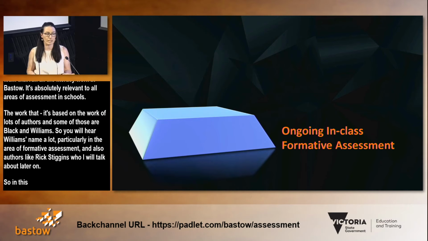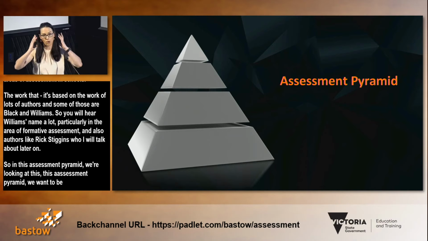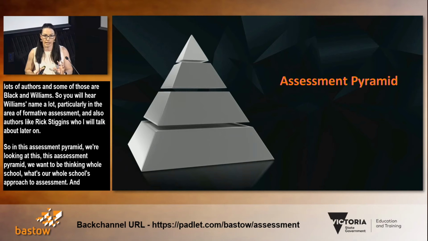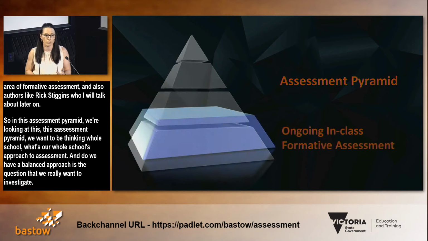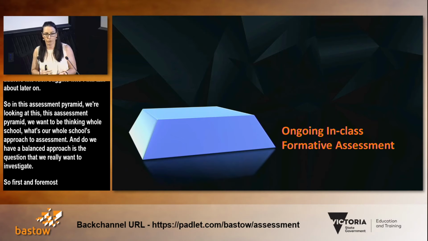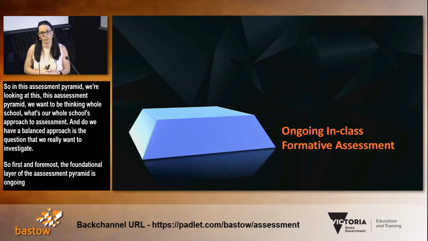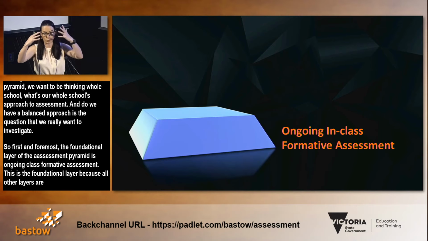Okay, so in this assessment pyramid, we want to be thinking whole school. What's our whole school's approach to assessment? And do we have a balanced approach is the question that we really want to investigate. So first and foremost, the foundational layer of the assessment pyramid is ongoing in-class formative assessment. This is the foundational layer because all other layers are built from this layer.